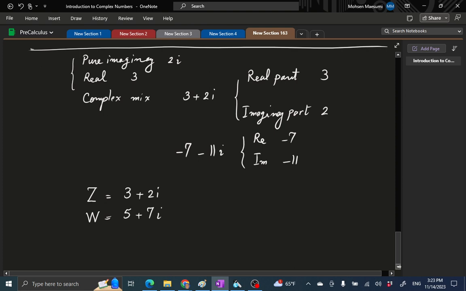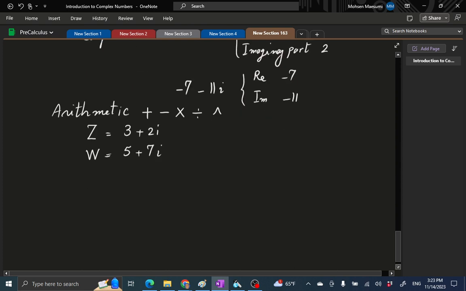When I have a bunch of complex numbers, as usual, I want to learn about arithmetic with complex numbers. What does that mean? Arithmetic, of course, means addition, subtraction, multiplication, division, and power. And by the time you come to calculus, there are also functions to be applied to complex numbers.